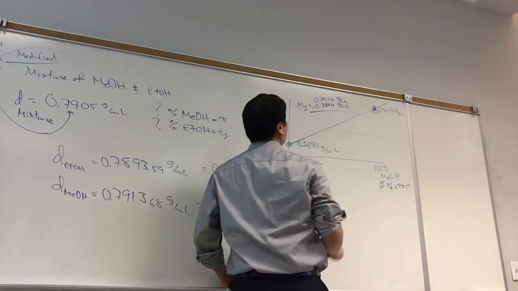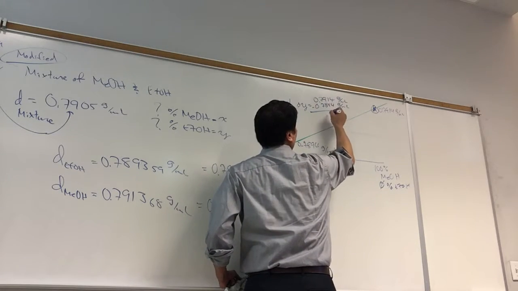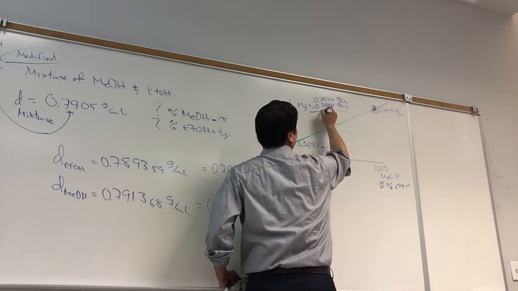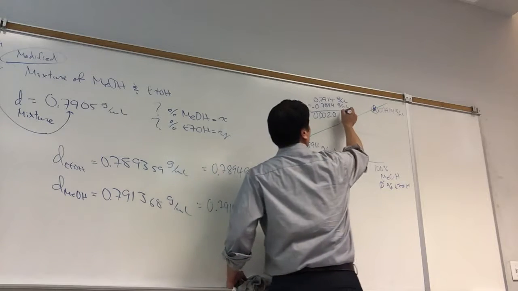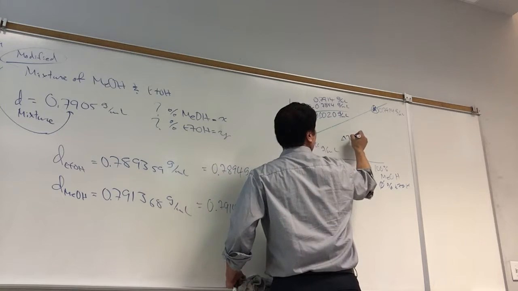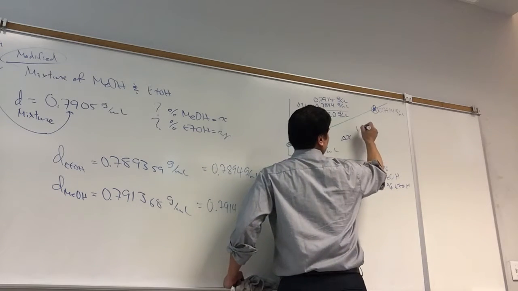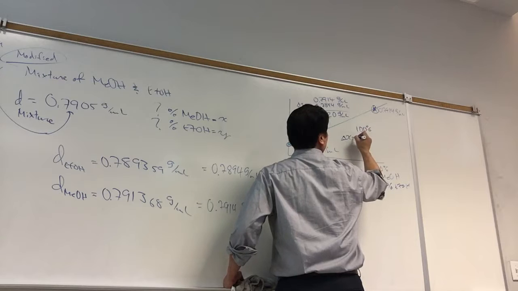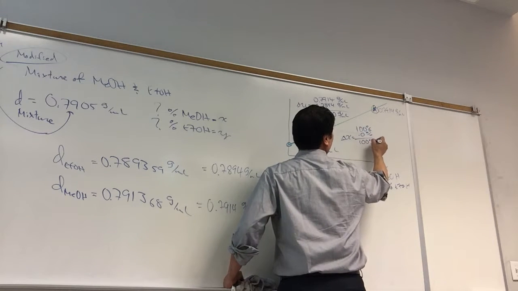That gives us 0.0020 grams per milliliter. That's our delta y, and our delta x is going to be 100% minus 0%. This is going to give us 100%.